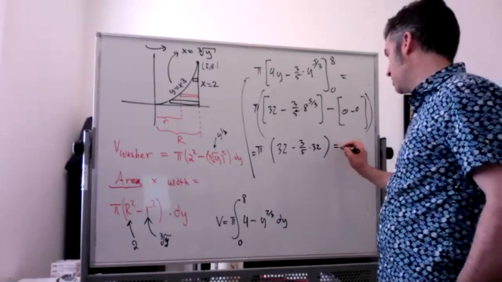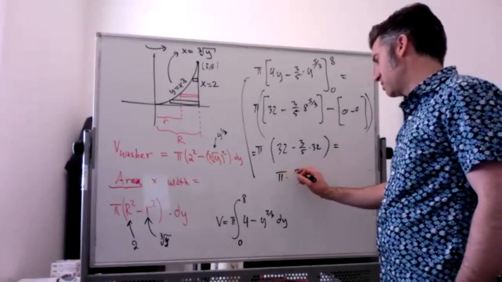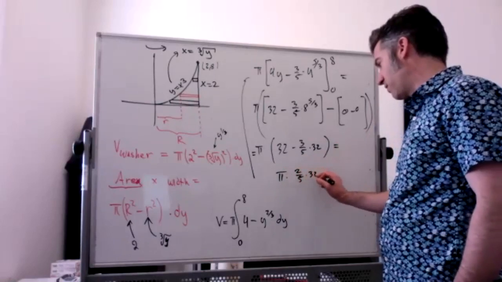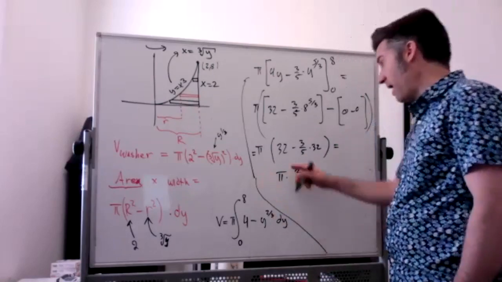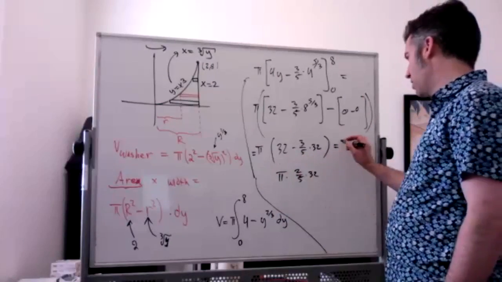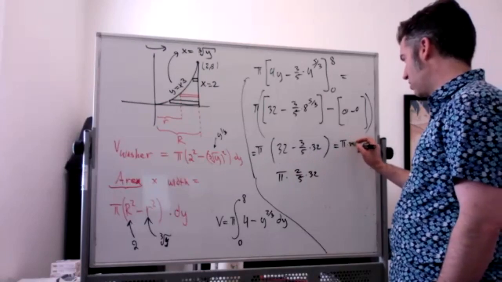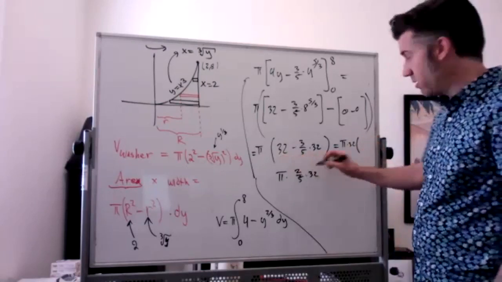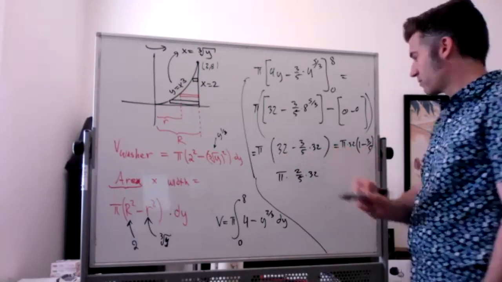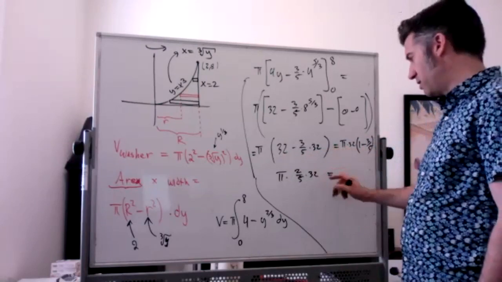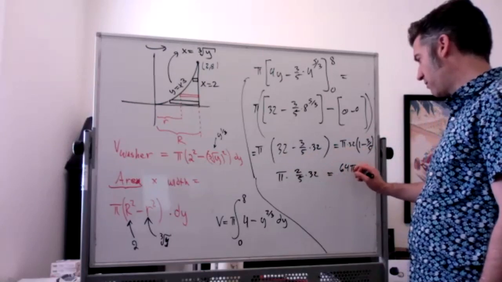So you could just say this is pi times 2/5 of 32. Or you could factor out a 32 and say this is pi times 32 times 1 minus 3/5. And then you've got 64 pi over 5.